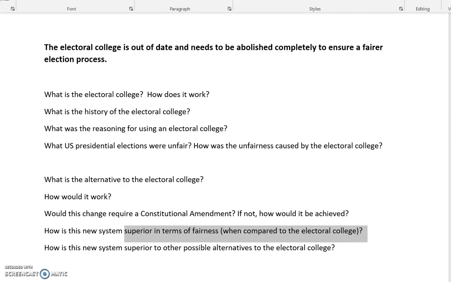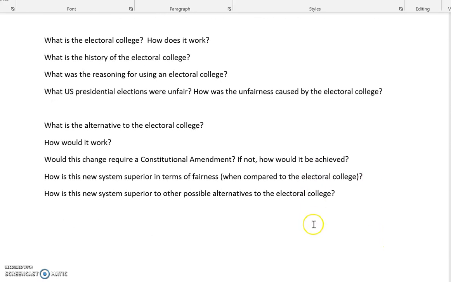It's conceivable that a candidate who just was very, very popular in 5 or 10 large states wins the overall election, whereas in the other 40 states in America, that candidate who won the popular vote is very unpopular. So I'm asking you, why is it fairer that 5 or 10 states out of 50 should get to pick, when perhaps the majority of states think that actually this candidate that those states prefer is inferior? So these are some of the things that you'd need to talk about.